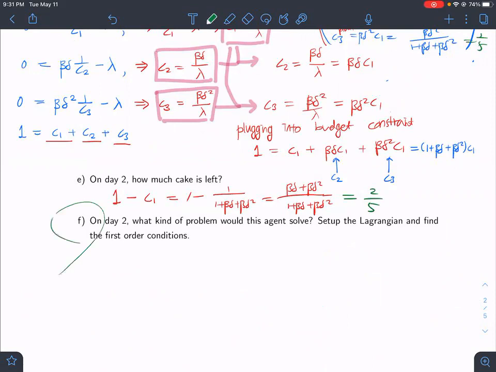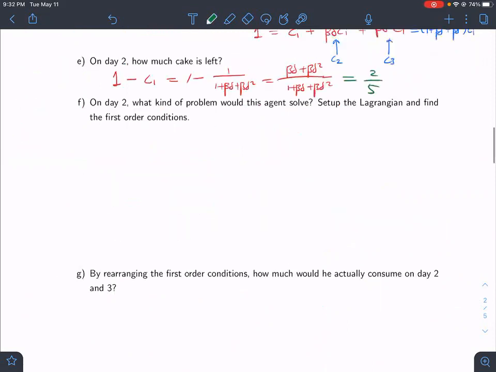Question F, on day 2, what kind of problem would this agent solve? So now we are going to day 2. Okay, so let me just show you what happened here. Day 1, day 2, day 3. Okay, so 3/5 of the cake is gone.